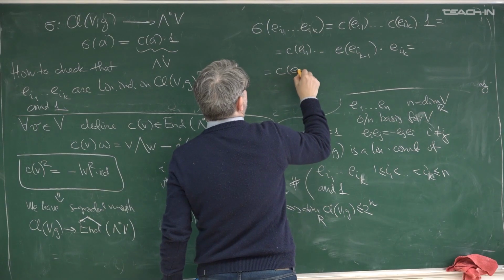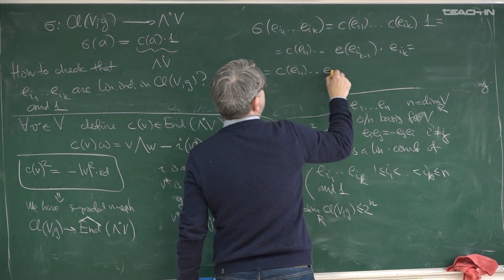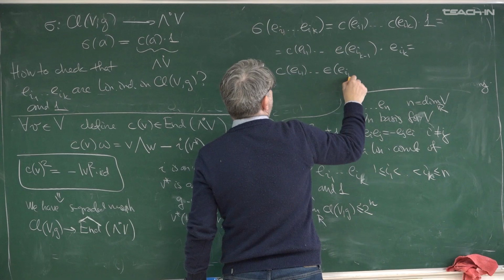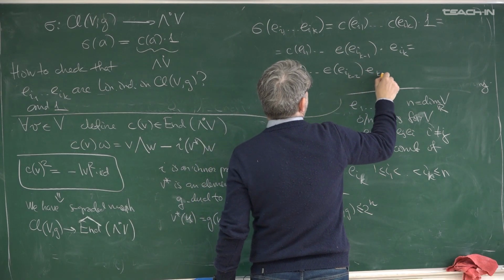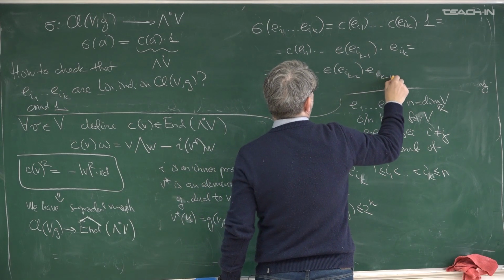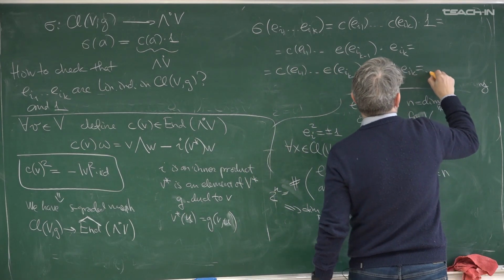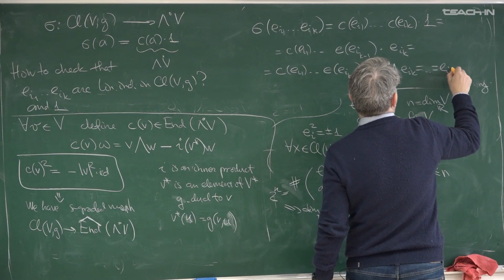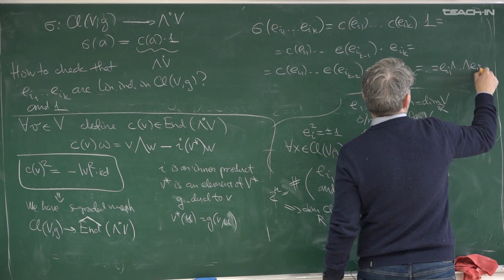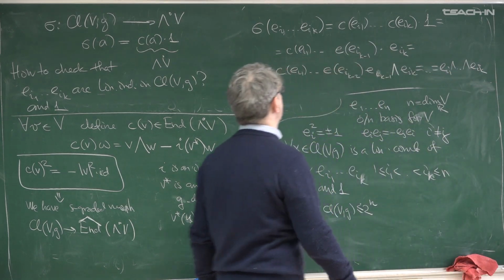So this one is C of e_i1 ... C of e_i(k-2) applied to e_i(k-1) wedge e_ik. If you continue the calculations, you will obtain this exterior product.